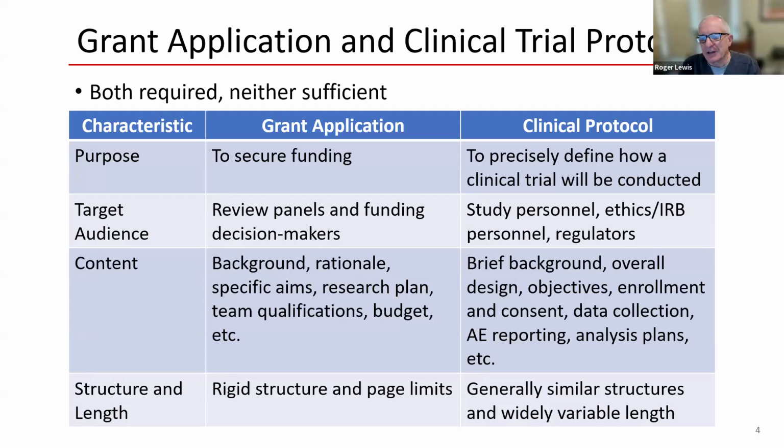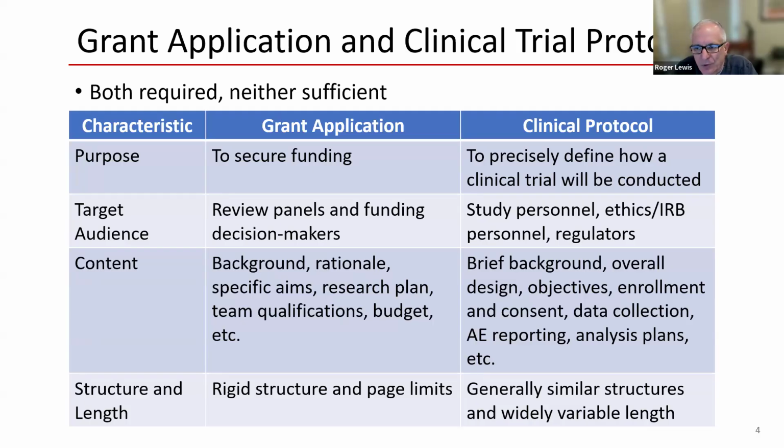The content is intended to support the decision to fund your research, so the background must be very sound. You clearly identify the gaps in understanding that your research is intended to fill and why those gaps are important, the rationale for the approach you're taking, the specific aims, how you're going to do it, but also a lot about why people should believe that you're going to be able to successfully do this, the team qualifications, and that it's a good investment.